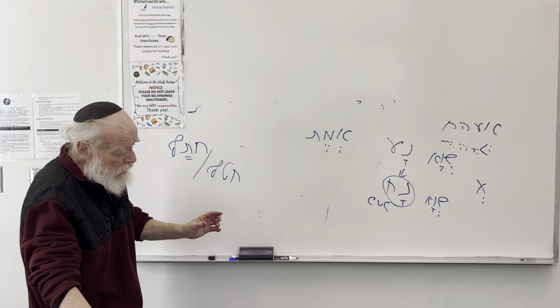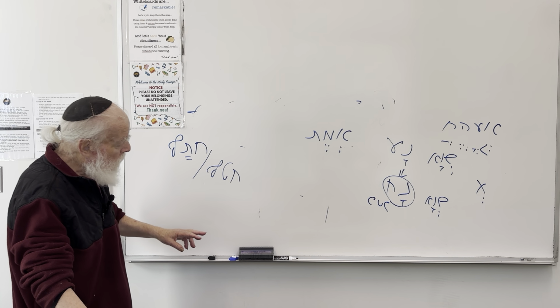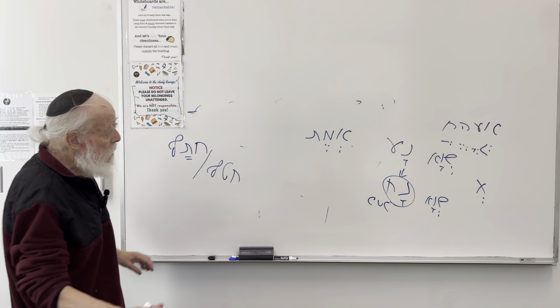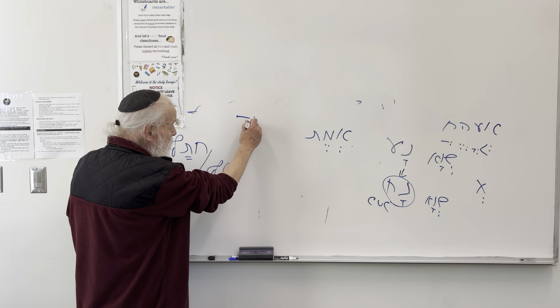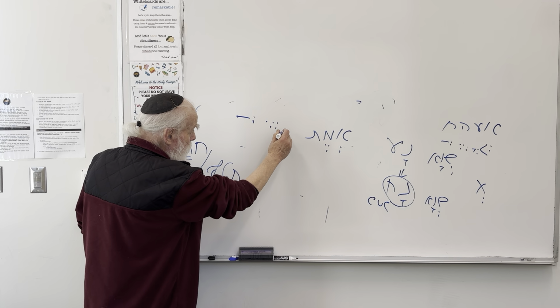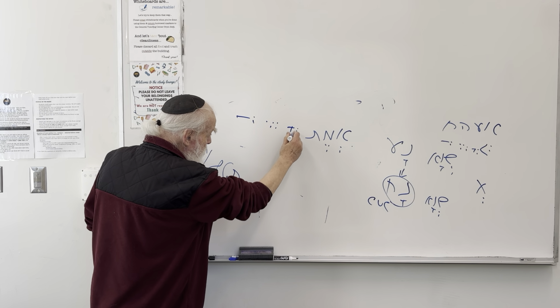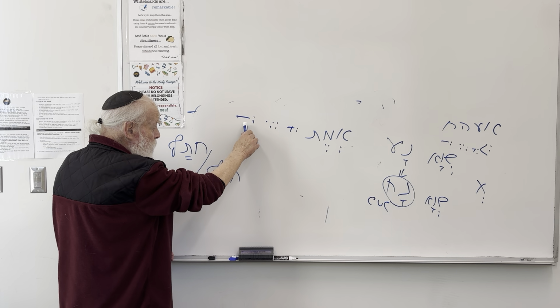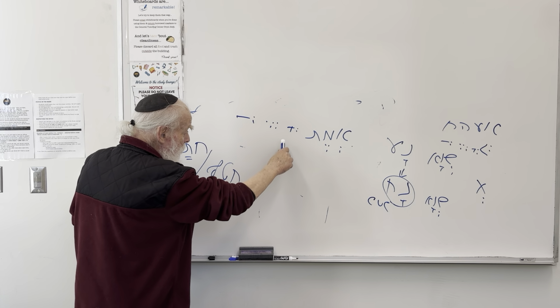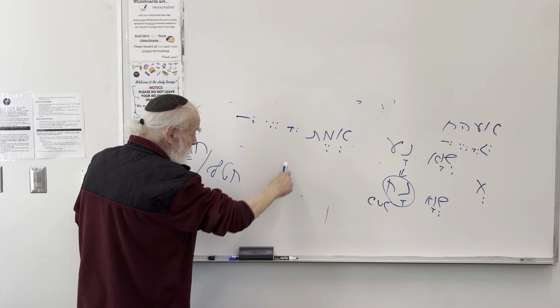It has to replace it by one of the hatafim, by one of the half vowels, if you want to call them that. The so-called hatafim is the A sound of a hataf patach, the S sound of a hataf segol, or the O sound of a hataf kamatz. Written as you see a patach with a shva alongside of it, a segol with a shva alongside of it, a short kamatz with a shva alongside of it.